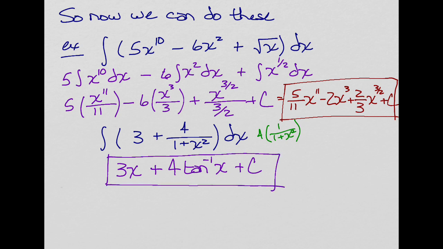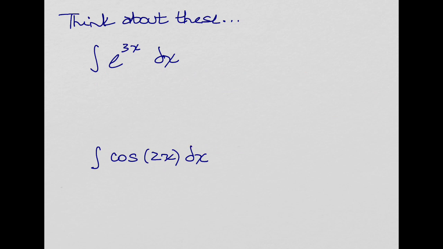So sums and differences, constant multiples. Here's kind of a relative of those. If I want to integrate e to the 3x, we know that e to the x is its own derivative, so e to the x is also its own antiderivative.